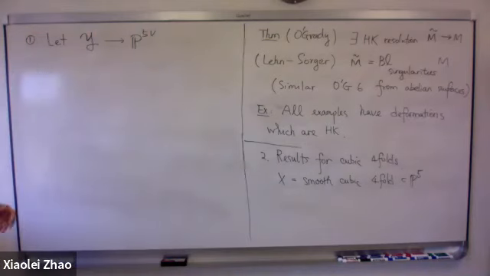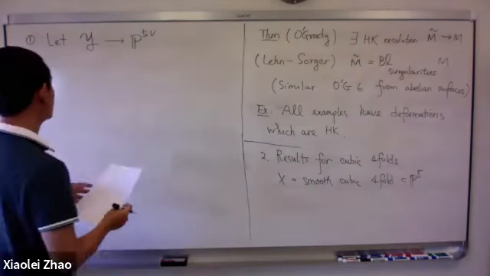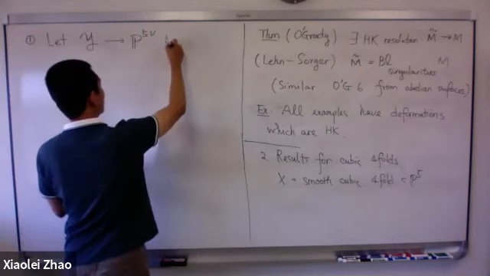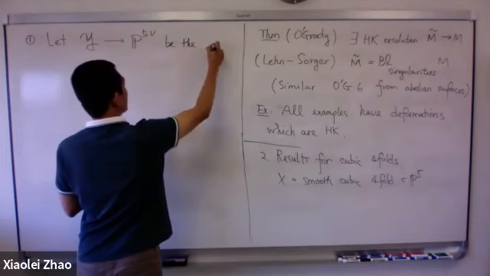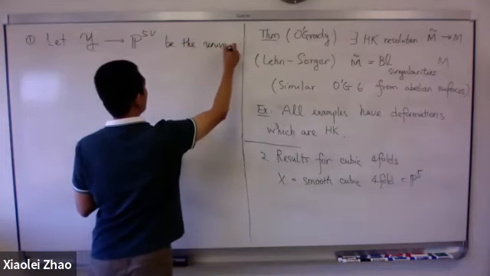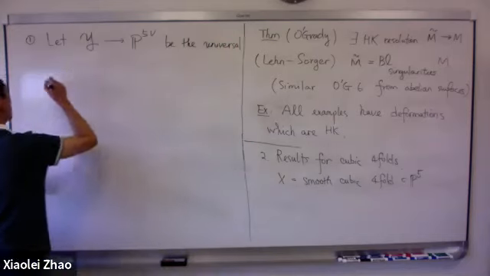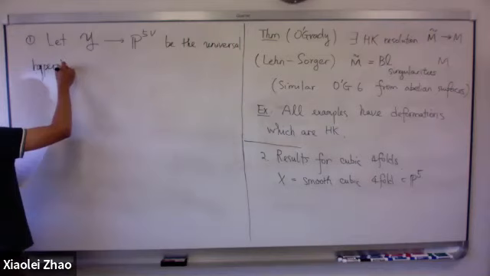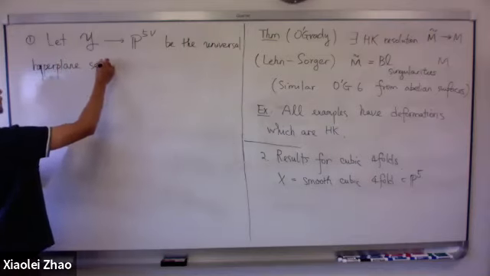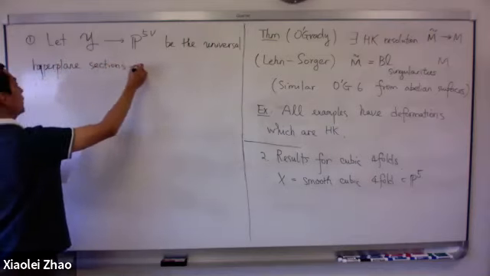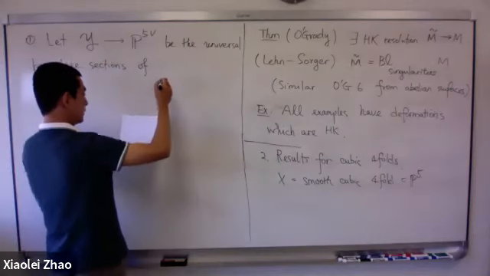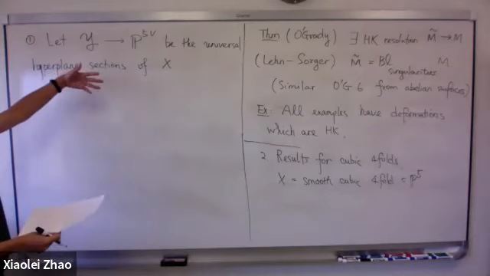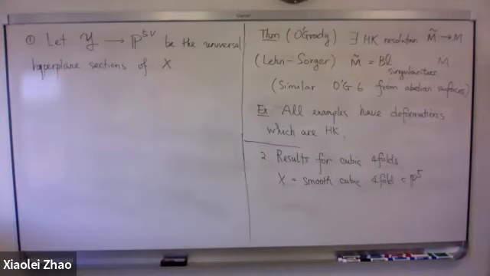This P5 dual parameterizes the hyperplanes in P5, and I use these hyperplanes to cut my X. This curly Y is the universal hyperplane section of my X. So in particular, each fiber here is a cubic threefold, a hyperplane section of the cubic fourfold.